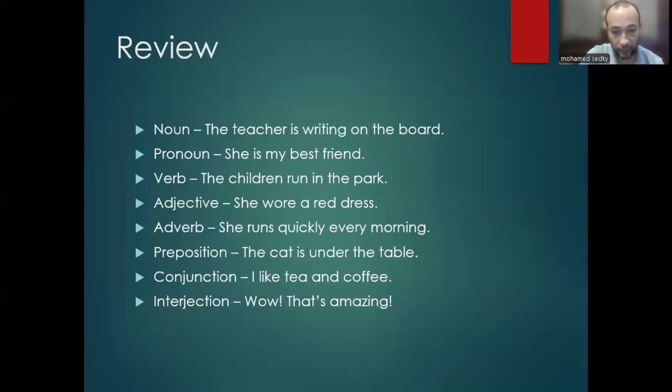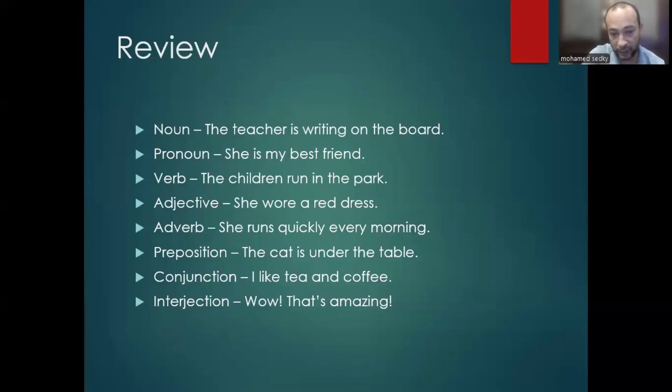The word and is a conjunction linking the two words tea and coffee, like the example that we can see right now. And the last thing, the interjection, is used to express a sudden emotion.